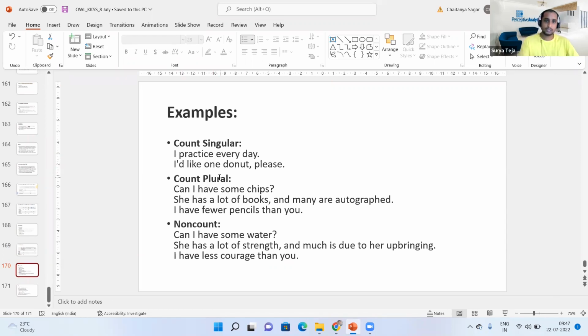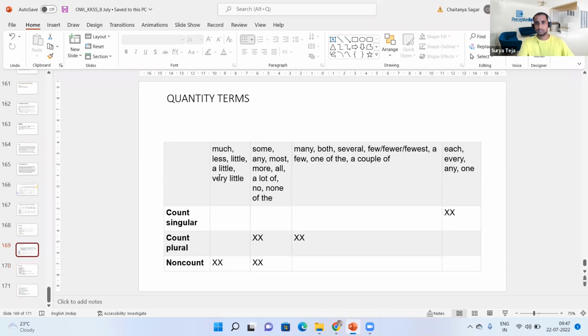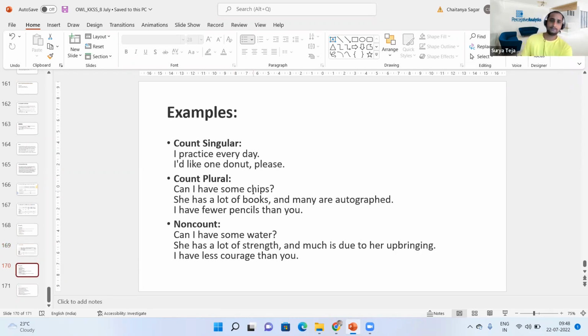If you see plural count nouns which have been pluralized: can I have some chips? You're talking about chips, so as we know, some can be used here. If you know count plural nouns, some is used here. You're talking about some chips, which is specifically talking about the quantity or the chips in general.